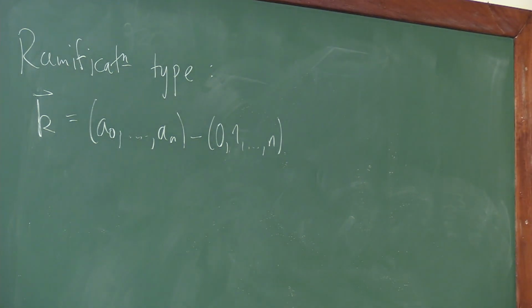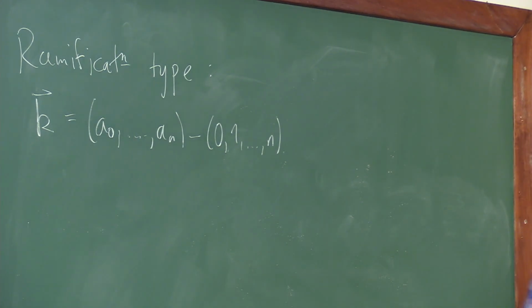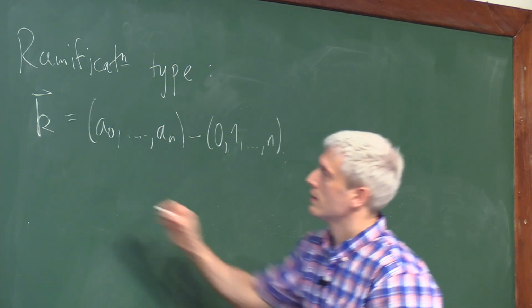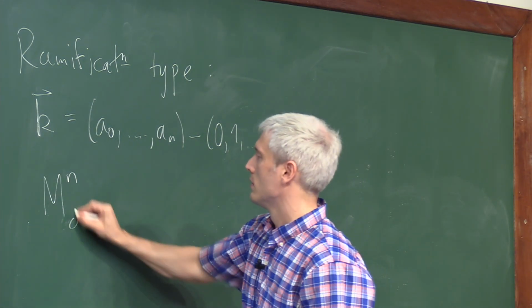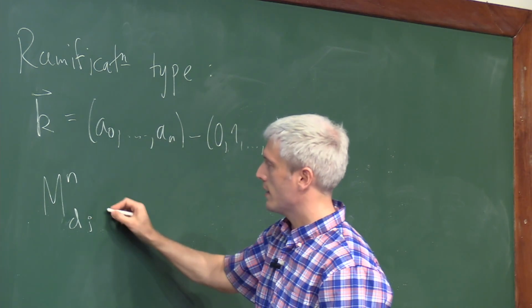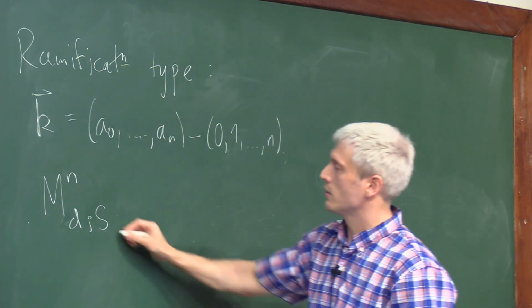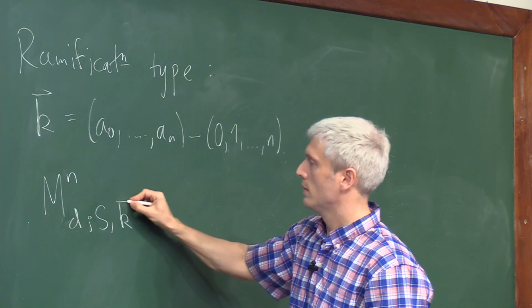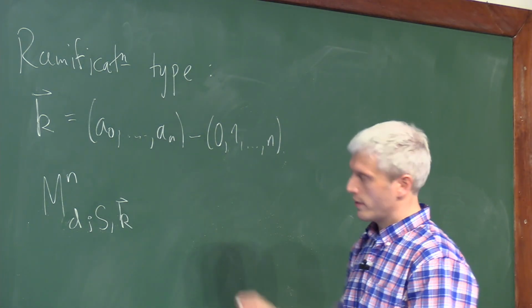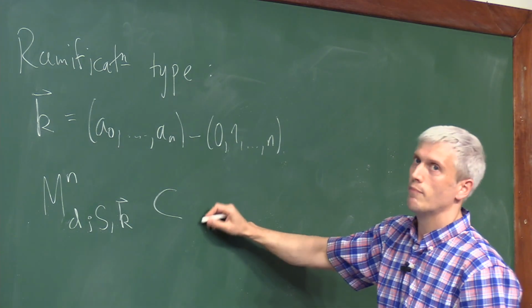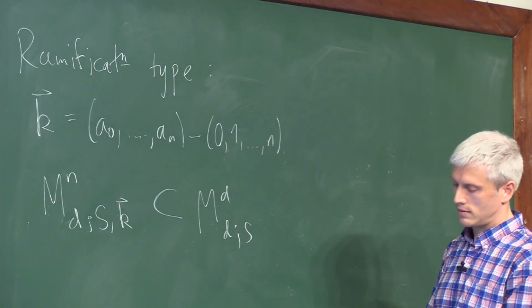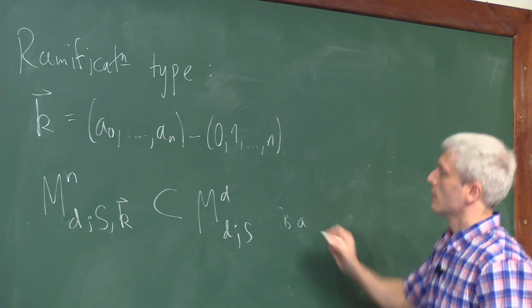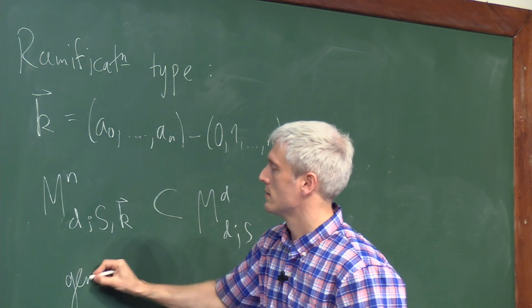Now we see the connection with the previous talk, because if I look at the subvariety of maps where I not only fix the value semigroup, but I also fix the ramification type in the preimage of the cusp, then this subvariety of maps is actually a generalization of a Schubert variety.